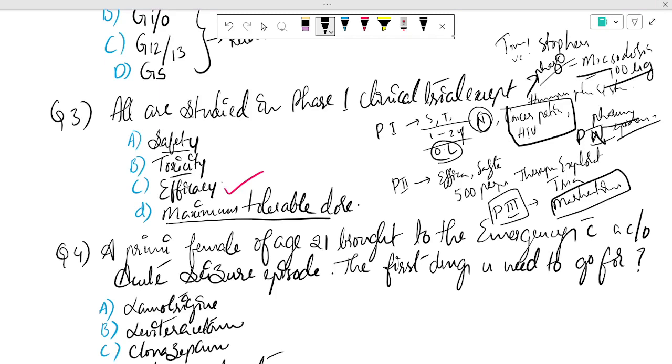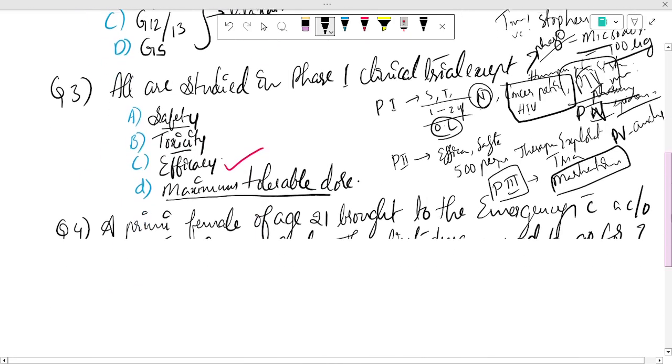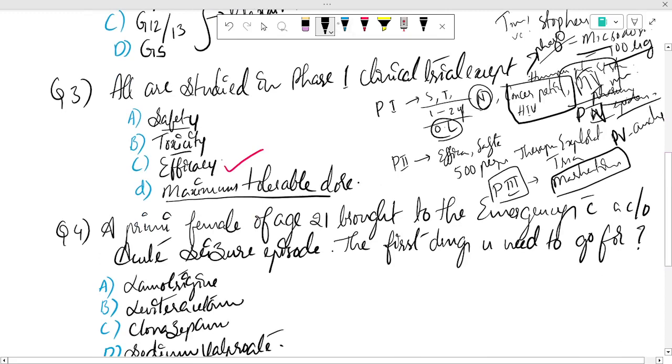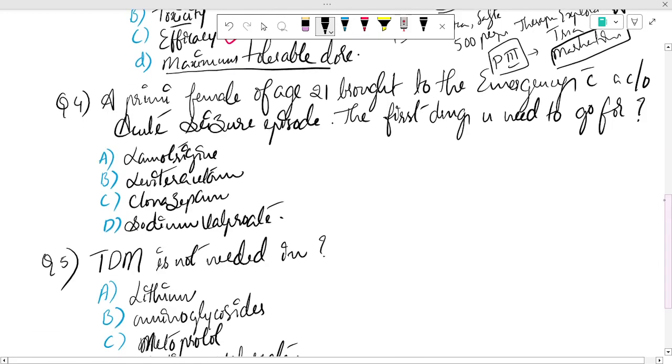Phase 4 is the post-marketing trial, and the long-term effects will be examined in phase 4, and phase 5 is called the pharmacoepidemiology trial. Pharmacoepidemiology is actually not a trial. Phase 5 is just analysis. It's not a trial. Okay, so with that, we just had a brief discussion about trials.